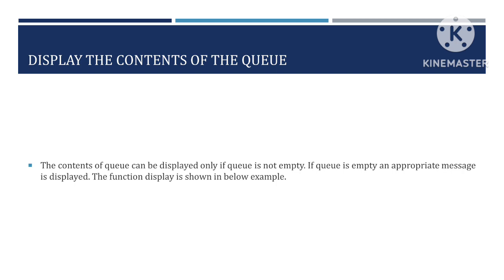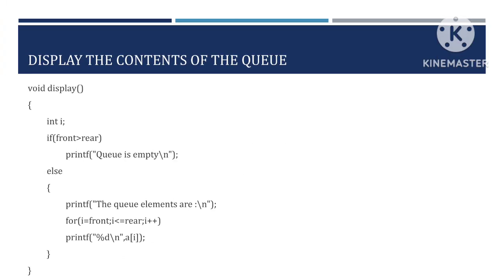In that case also, before display, we have to check whether the queue is empty or not. Because if queue is empty, then there is nothing to display. It is blank. So first step, we have to check whether the queue is empty or not. How can we check? We already discussed it. If front is greater than rear, then queue is empty.